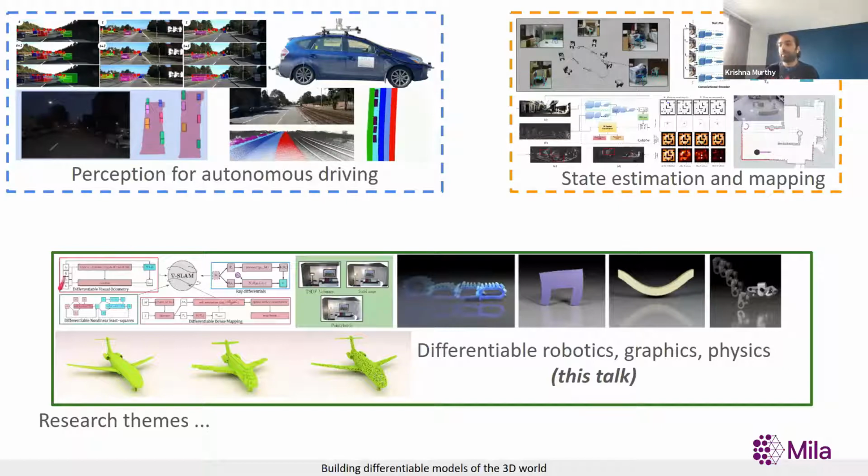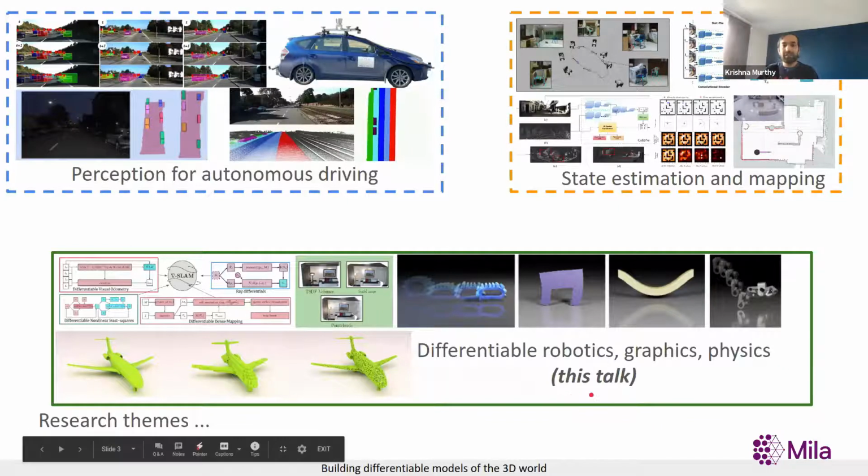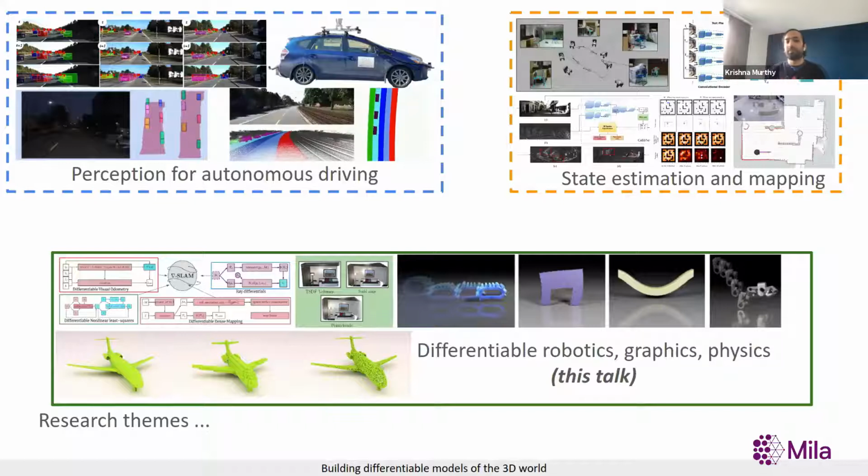But my primary research area, particularly over the last 2.5 or so years, has been trying to build differentiable variants of a variety of processes, particularly targeting robotics, graphics, and physics communities. And in this talk, since there's a vision reading group, I'll focus on my efforts towards differentiability that are particularly relevant to computer vision.